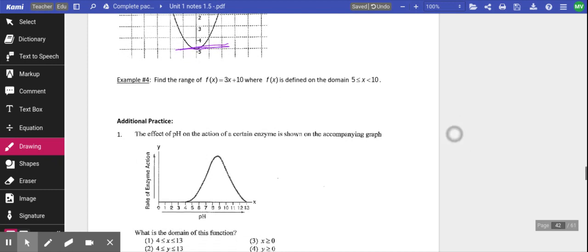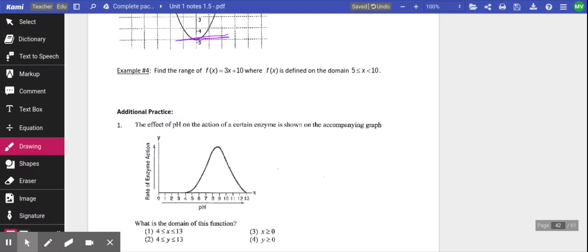So now here, our example, find the range of f of x equals 3x plus 10, where the domain is defined as 5 is less than or equal to x is less than 10. So what we're going to do is first find f of 5 by substituting. So it's 3 times 5 plus 10 equals 25.